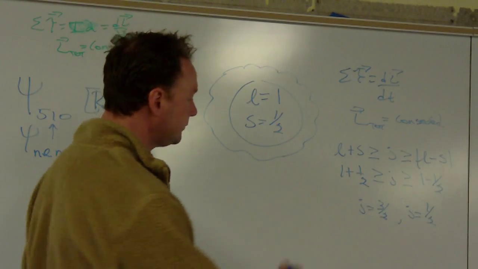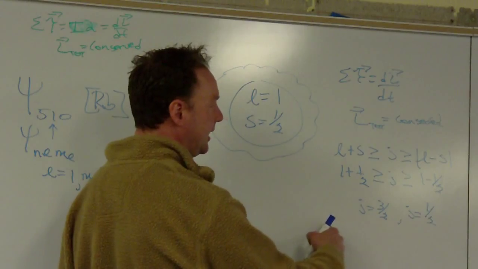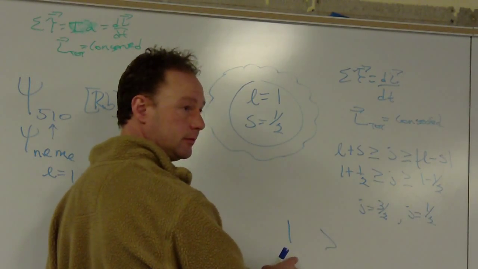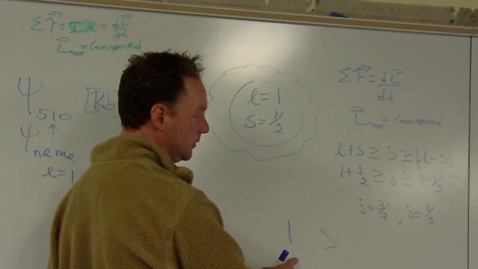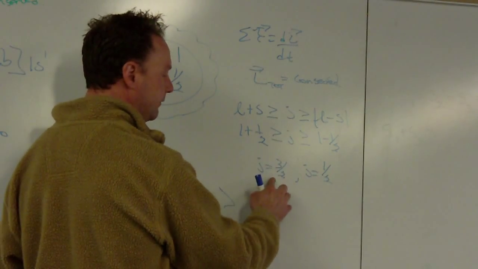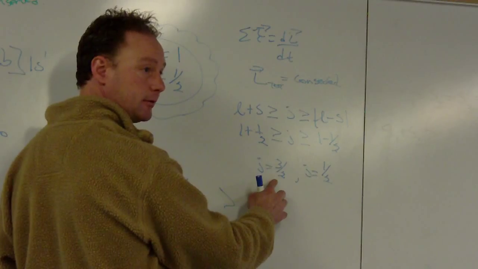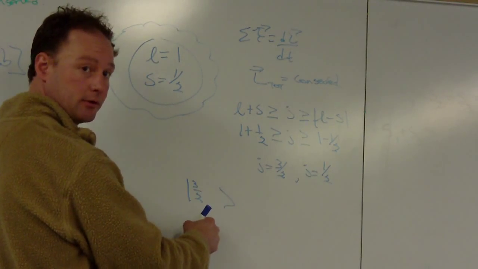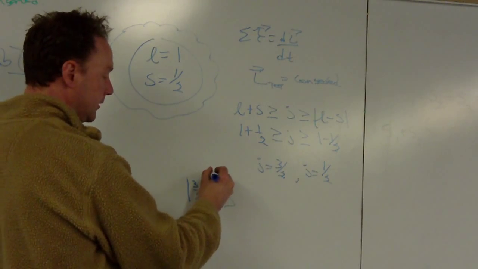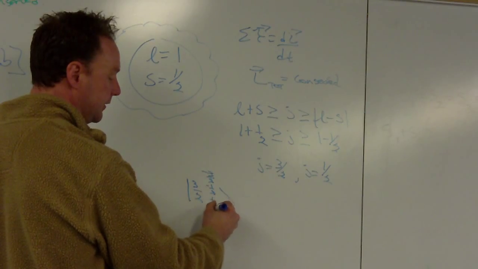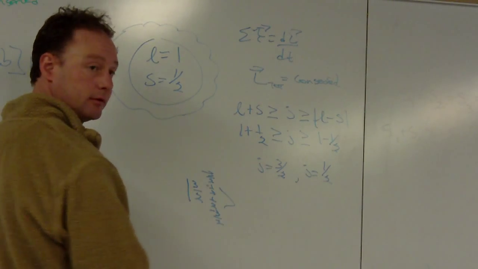Okay, what are the possible coupled states that you could have of this atom? This is spin down, so MS is negative 1/2. If you have a total J of 3 halves, then the projections are 3 halves, 1 half, minus 1 half, minus 3 halves.